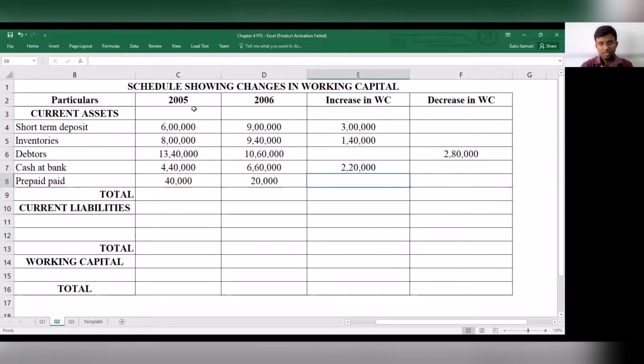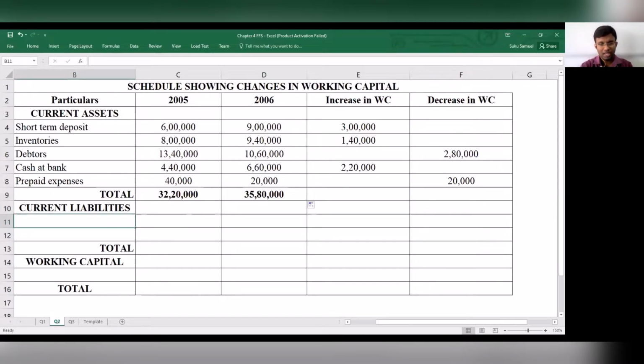In the case of prepaid expenses, from 40,000 it has reduced to 20,000, which means it has decreased by 20,000. Now let's add up the total. Total current asset is 32,20,000, and for 2006 it is 35,80,000.